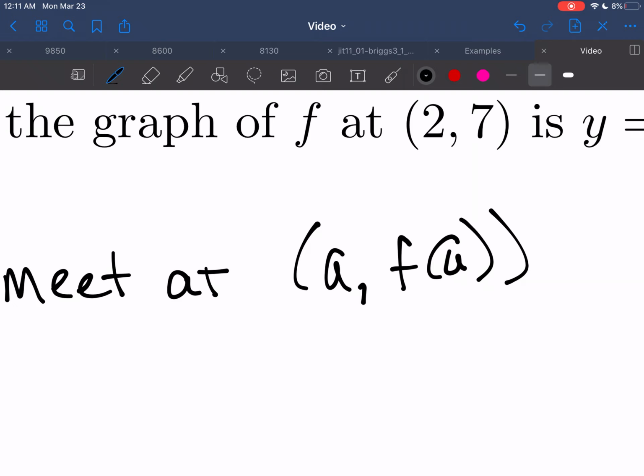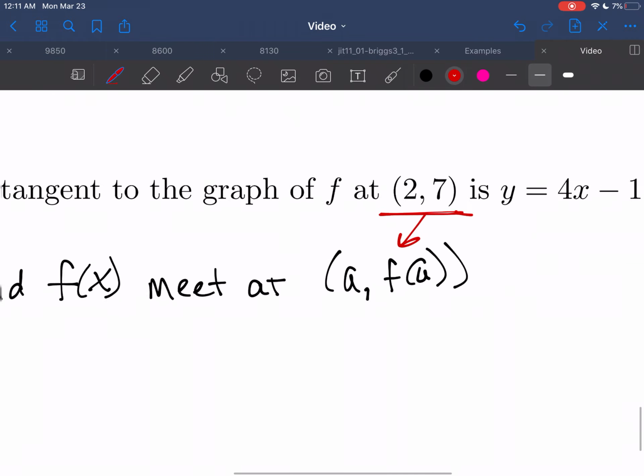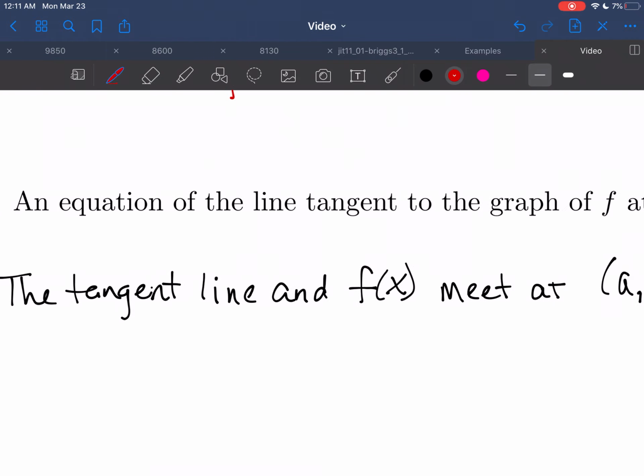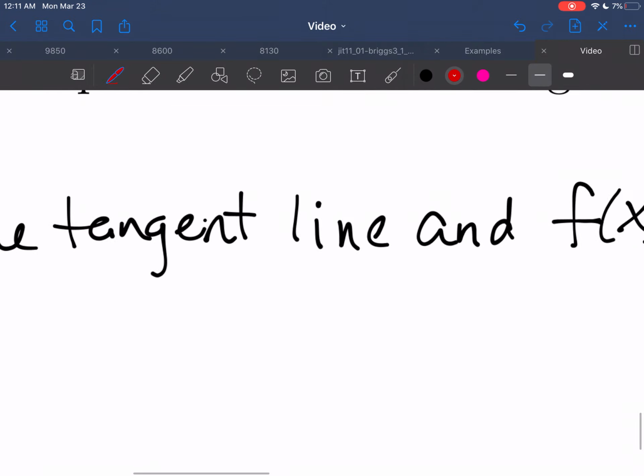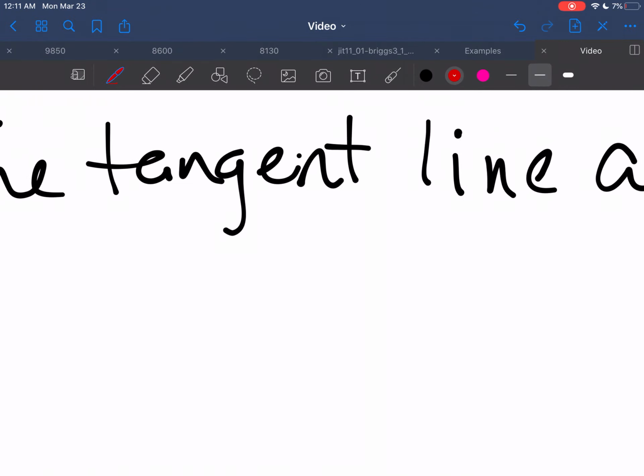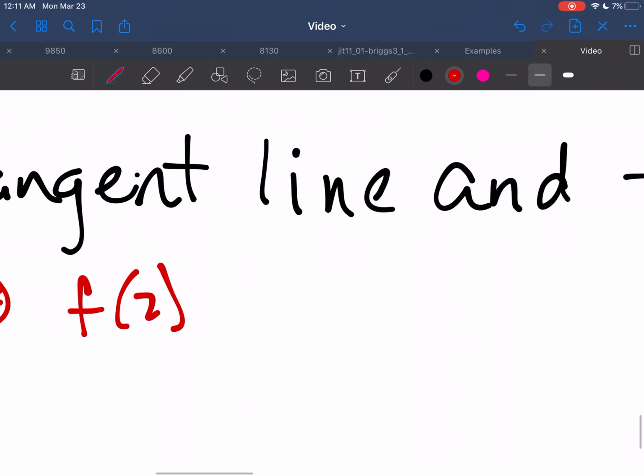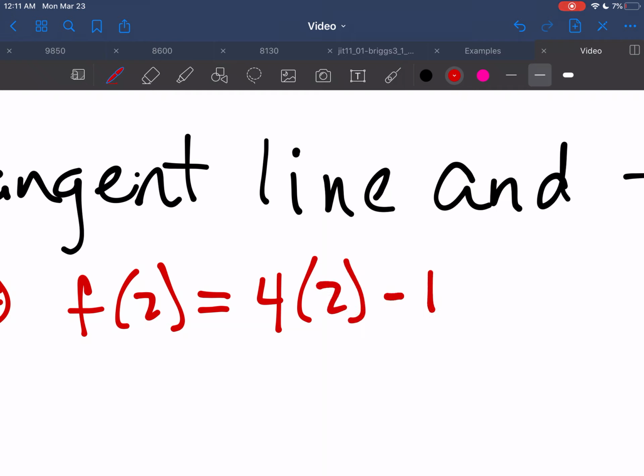Okay, so you know the tangent line and the function are going to intersect at that point. All right, at this point. So what this tells us, okay, what this implies is that f of 2, which is equal to 4 times 2 minus 1, is equal to 7.